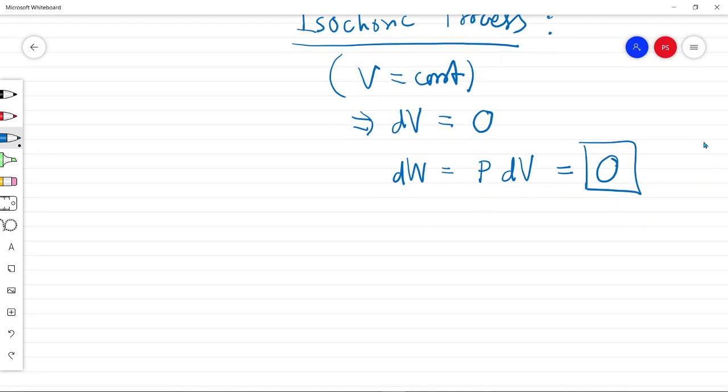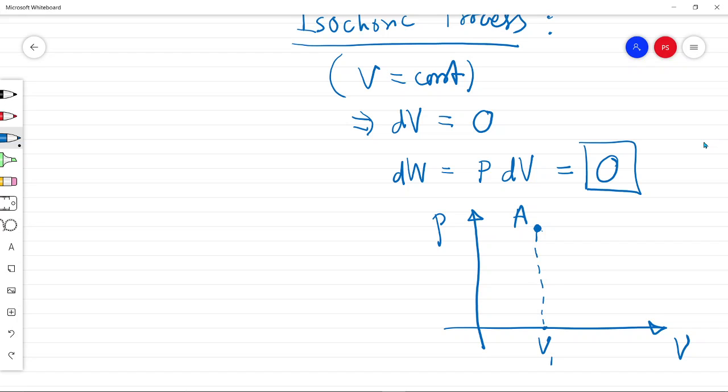On a PV diagram, it can be represented in the following manner. Suppose there is a state A and the system goes to state B by maintaining constant volume. So whatever volume that is initially, say VA, is kept as it is.